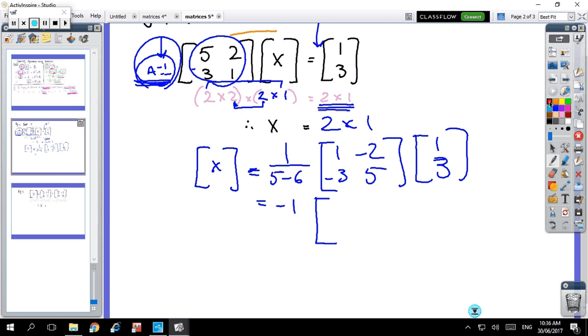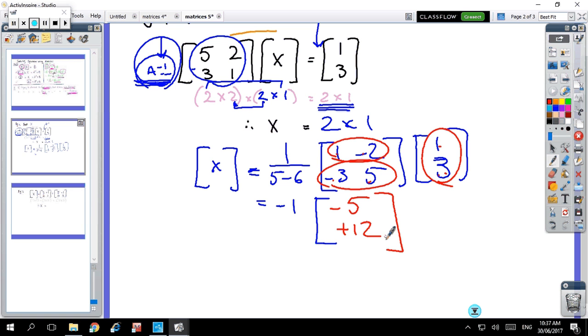Okay, I'll just change pens. So first row by first column, 1 times 1 is 1. 1 minus 6 is minus 5. And then second row by first column, minus 3 plus 15, beg your pardon. So minus 3 plus 15 is plus 12. And then just bring the minus sign in, because that's just a number.